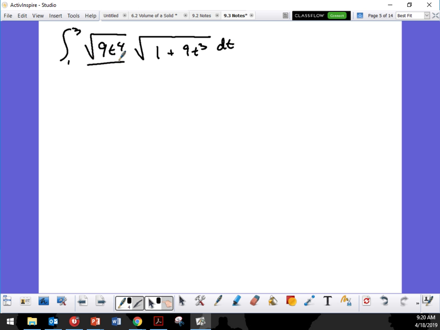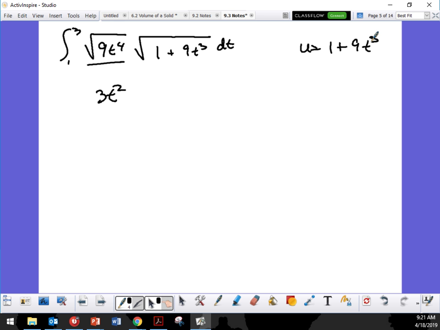This is going to give me 3t squared. And now I'm going to use substitution: my 1 plus 9t cubed. Because I was able to take that out, I can look at it and say, hey, look, this is going to take care of itself in a minute.